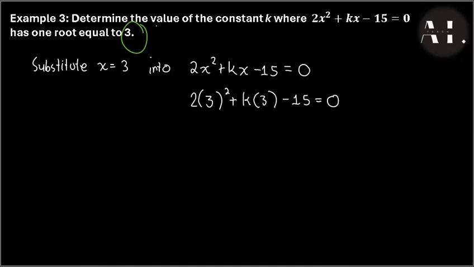Now, we need to simplify first. The square of 3 is 9. Then the product of this will be 3k. Using our order of operations, multiply first these two terms here, which will give us 18.